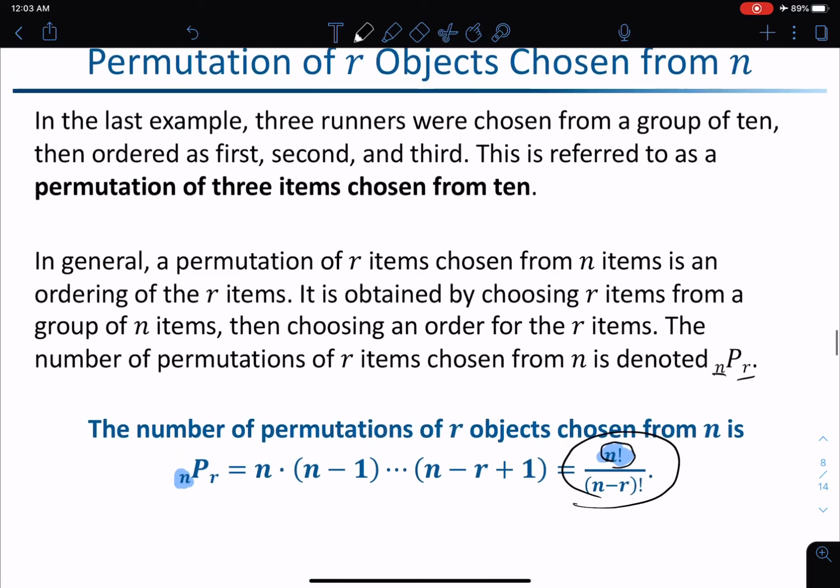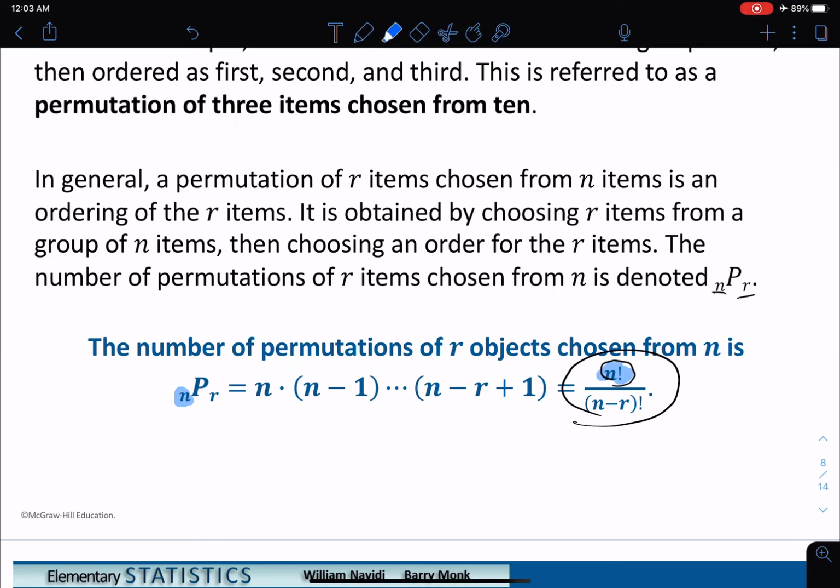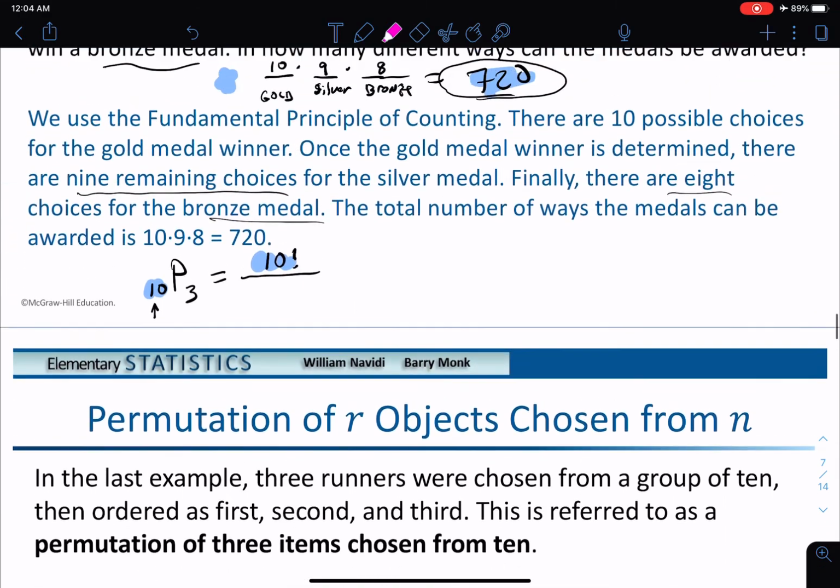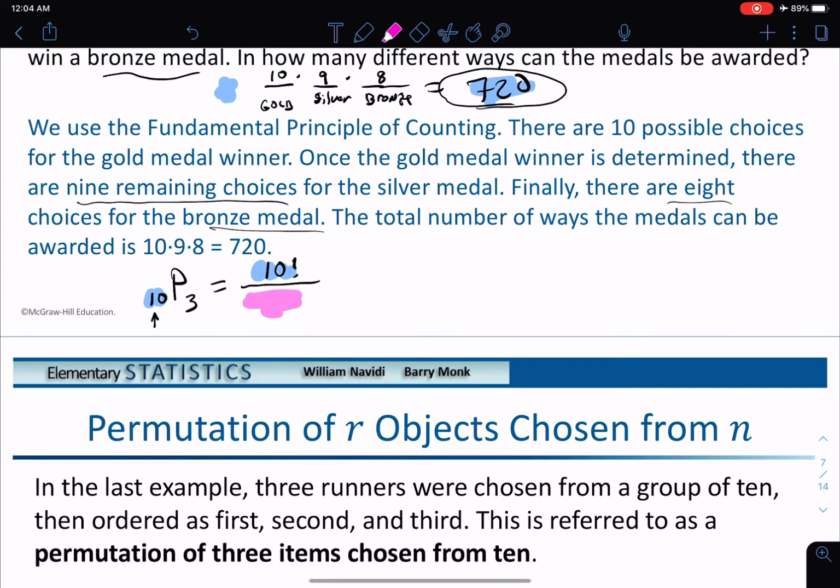Then the formula says that you must take n minus r factorial in the denominator. So we must use these 2 pieces for that. It's going to be 10 minus 3, and that is factorial. Let's simplify this. This is 10 factorial, and 10 minus 3 is 7 factorial.